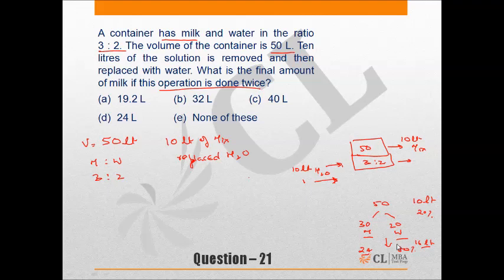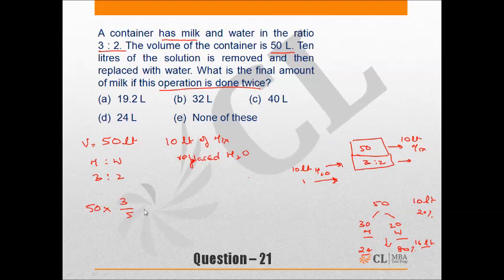After that you are adding water, so that will increase the quantity of water. So in other words, second time when you do the same thing, you will again remove 20% of the mixture. So what happens is, every time you are removing 20% of milk, or you are leaving behind 80% of milk. Originally the mixture has 3 out of 5 as milk. Out of a total of 50 liters, this much is milk.